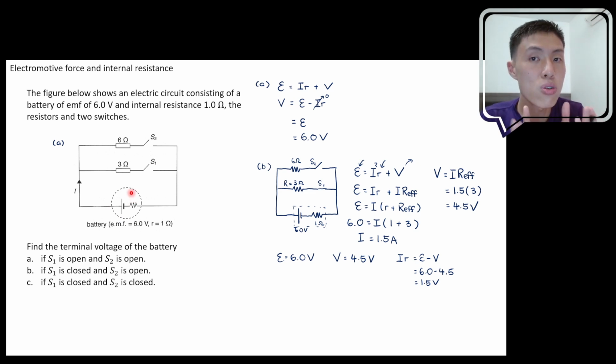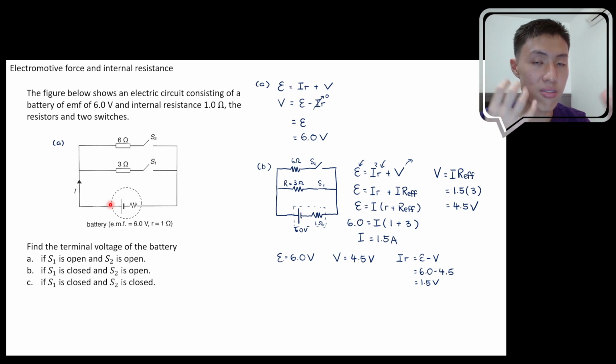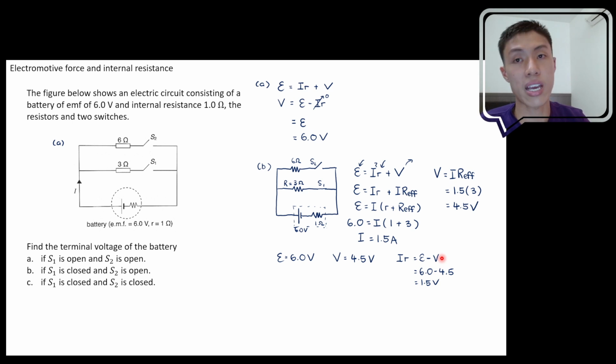But when it is passing through the battery, because the battery material itself poses some resistance, even though the battery intends to supply 6 joule to every 1 coulomb of charge, the journey through the battery material itself will use 1.5 joule as well. So every 1 coulomb of charge, even though it receives 6 joule from the battery, will immediately use up 1.5 joule of energy just to get through the battery.